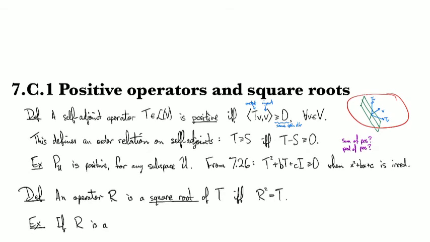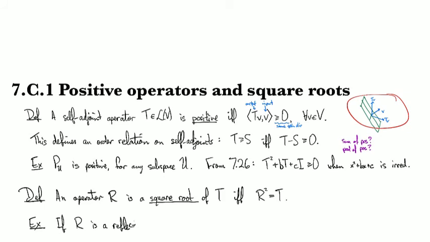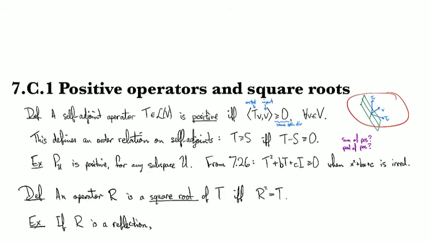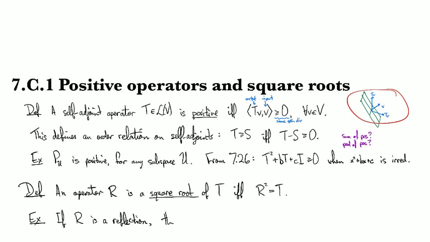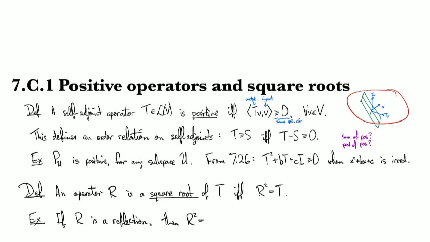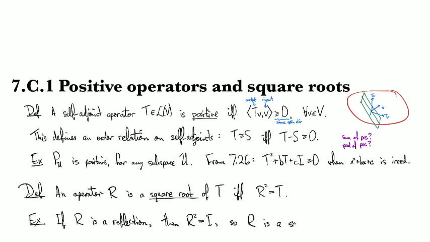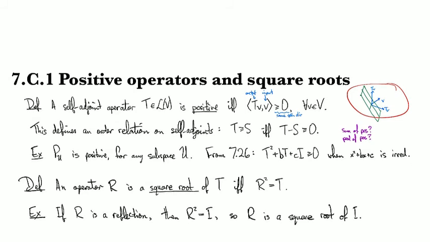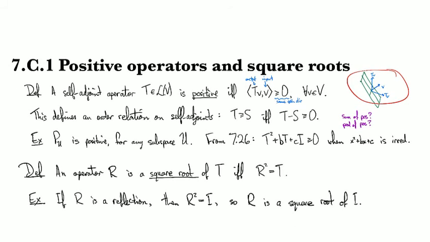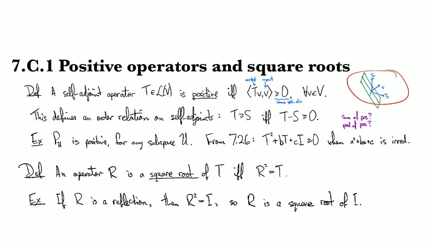For instance, some operators have a whole lot of square roots, as opposed to numbers, which always have only 2. If R is a reflection, then R squared is equal to the identity, so R is a square root of the identity. So right off the bat, as long as you have at least dimension 2, the identity has a whole ton of square roots. And there's more.